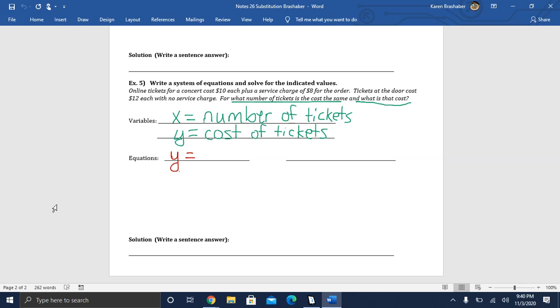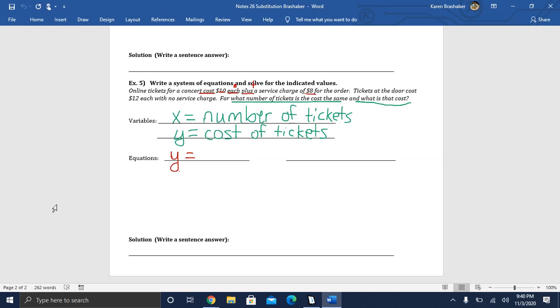In this first sentence, it says the cost is $10 each. So each usually means multiplying. So we're having $10 multiplied by every ticket that we order. And then plus, so we're going to add to that a charge of $8.